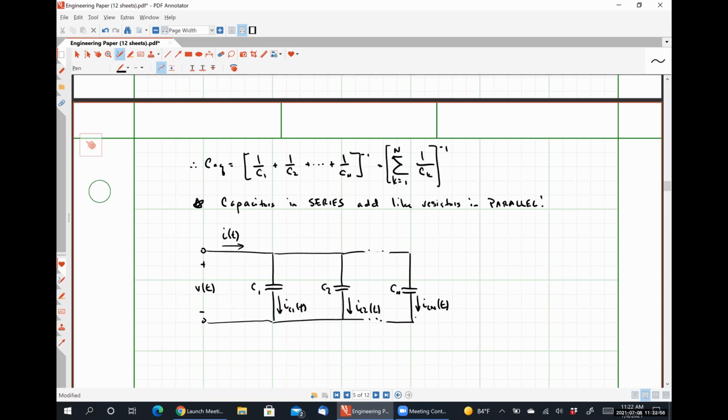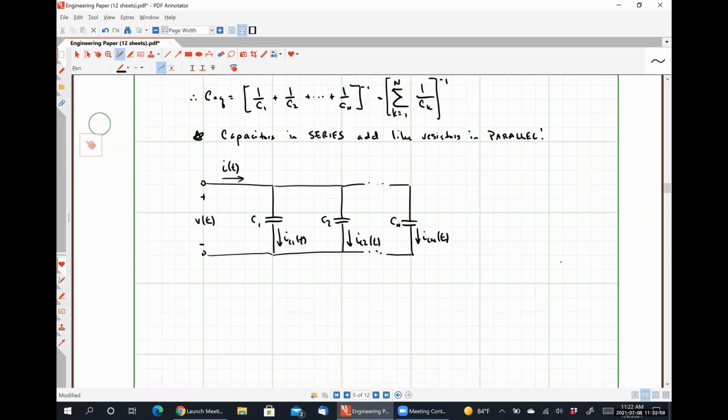If I apply Kirchhoff's current law, I can see that i of t is equal to iC1 plus iC2 plus iCn. I can relate all of those currents to that common voltage over everything.